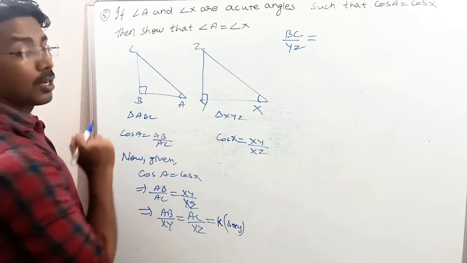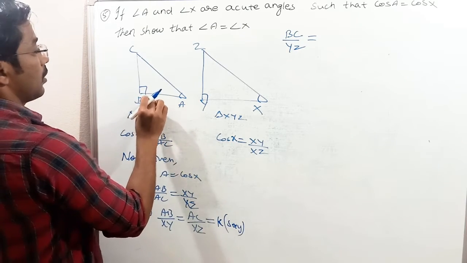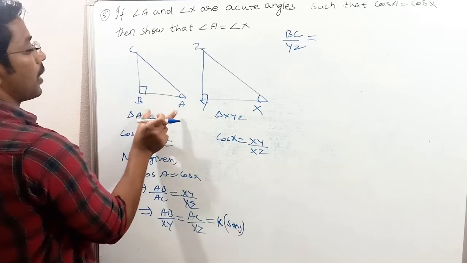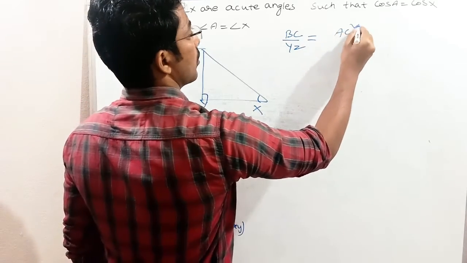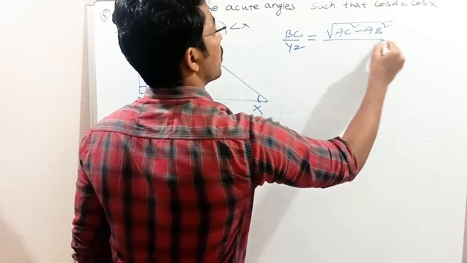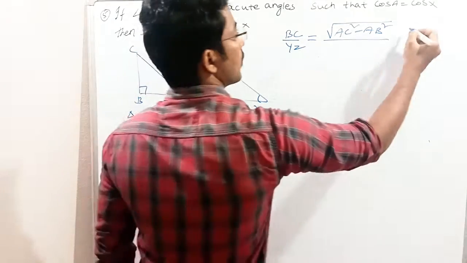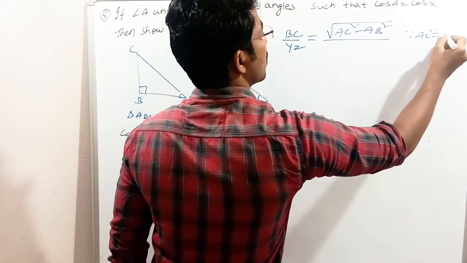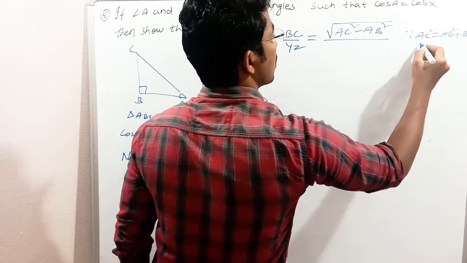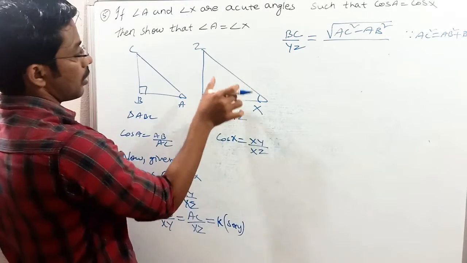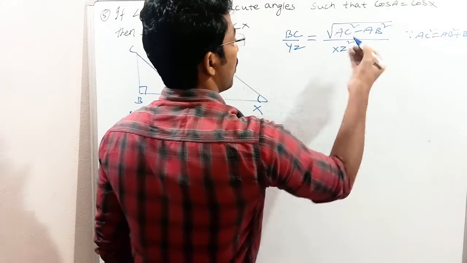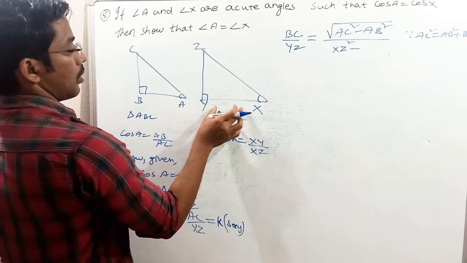So from this Pythagoras theorem, we get BC as the square root of AC square minus AB square, since AC square is equal to AB square plus BC square, and similarly YZ is the square root of XZ square minus XY square.